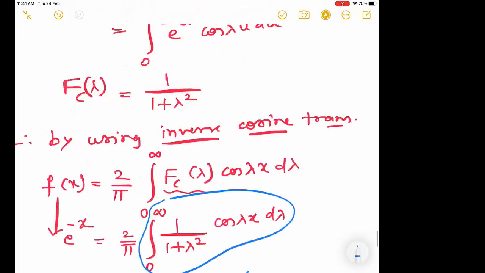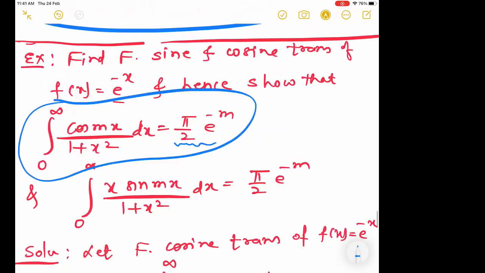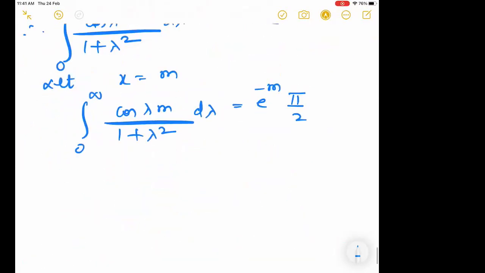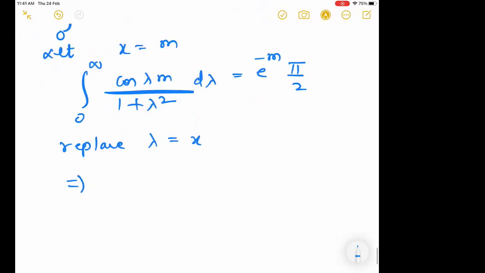So actually this is the answer, but the answer is given in terms of x. So you can write x instead of lambda, and that will also work. There is no difficulty in calculation, because whichever variable you use in the definite integral, you can replace it. To get the answer, replace lambda by x, so it becomes the integral from 0 to infinity of cos of mx upon 1 plus x square dx is equal to e raised to minus m pi by 2.